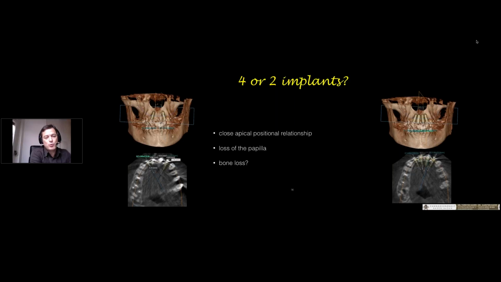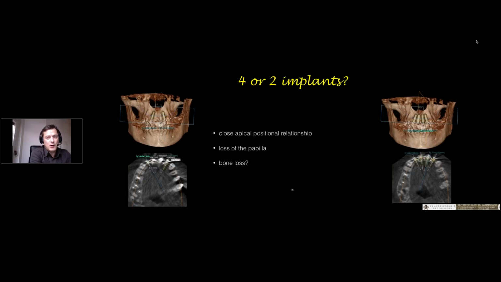It's much easier if you have one implant and then a bridge to get a much higher papilla. It is not very easy to get a high papilla between 2 implants.